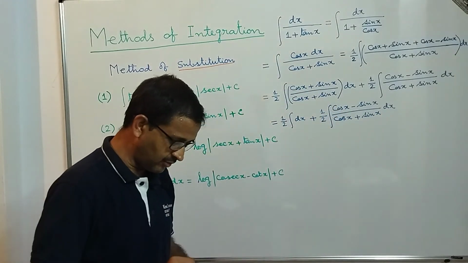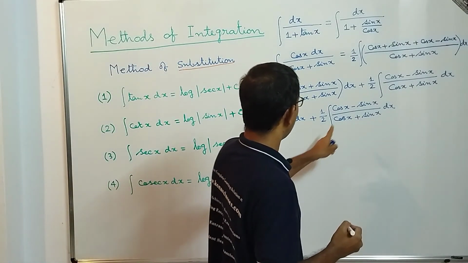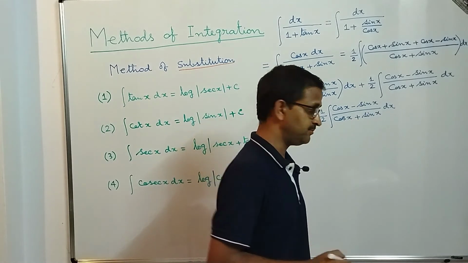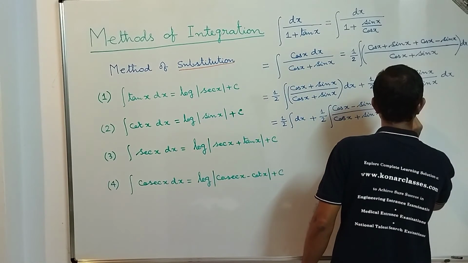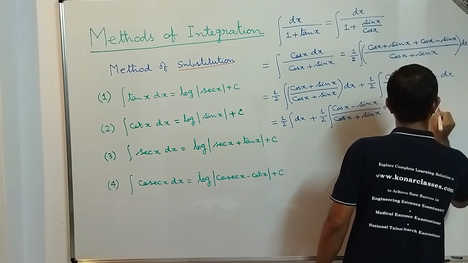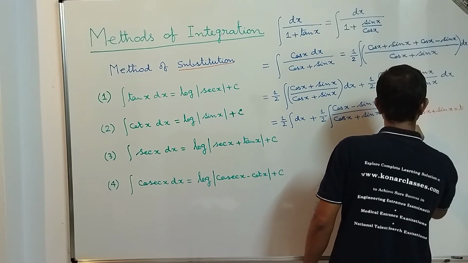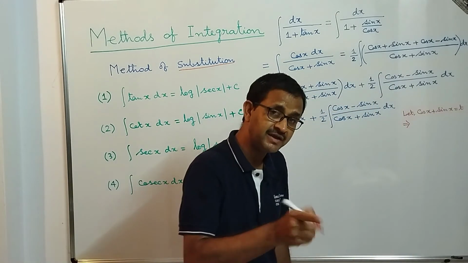Now, as I was telling a few minutes back, we can make a substitution: let cos x plus sin x equal t. Then what is the differentiation of cos x? Minus sin x.